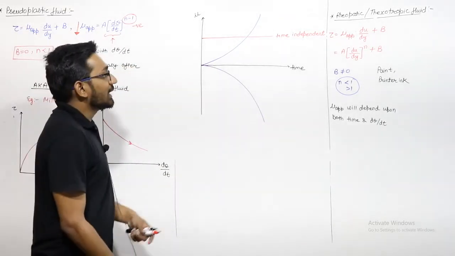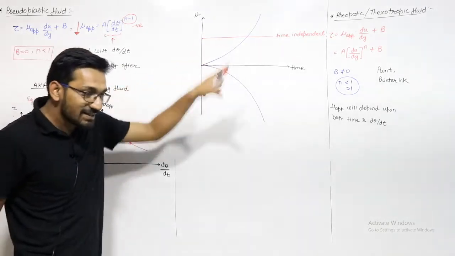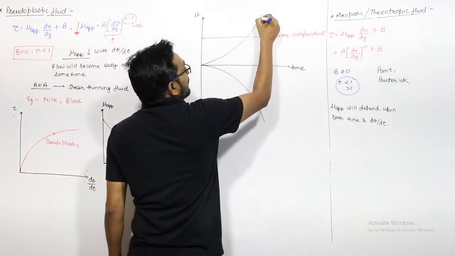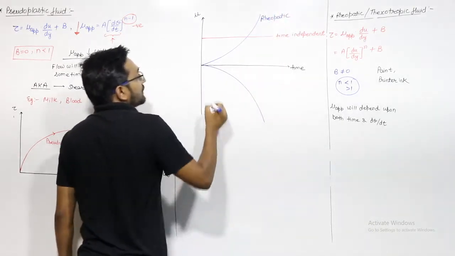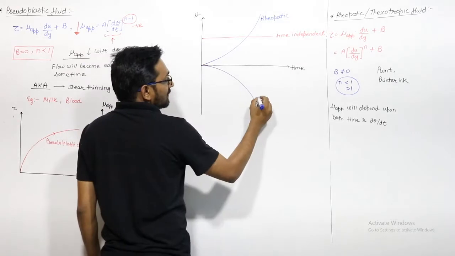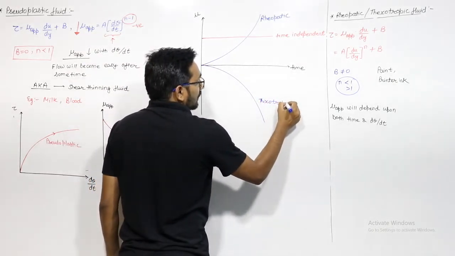The fluid in which viscosity is increasing with time is rheopectic fluid, and in which viscosity is decreasing with time, it is thixotropic fluid, right?